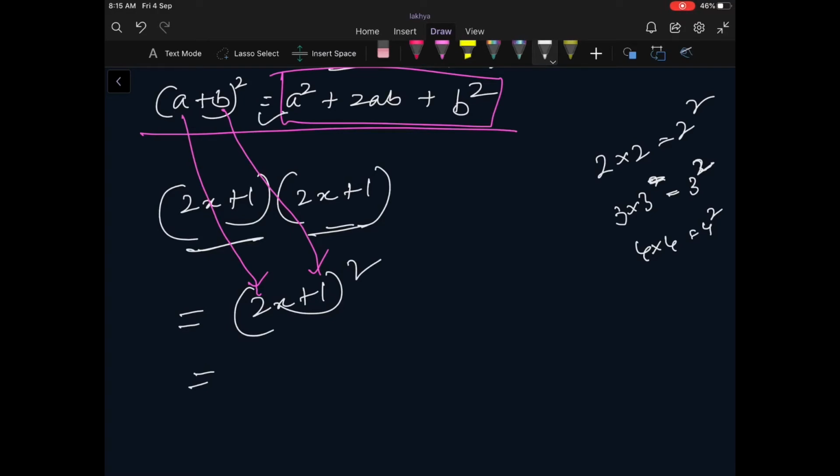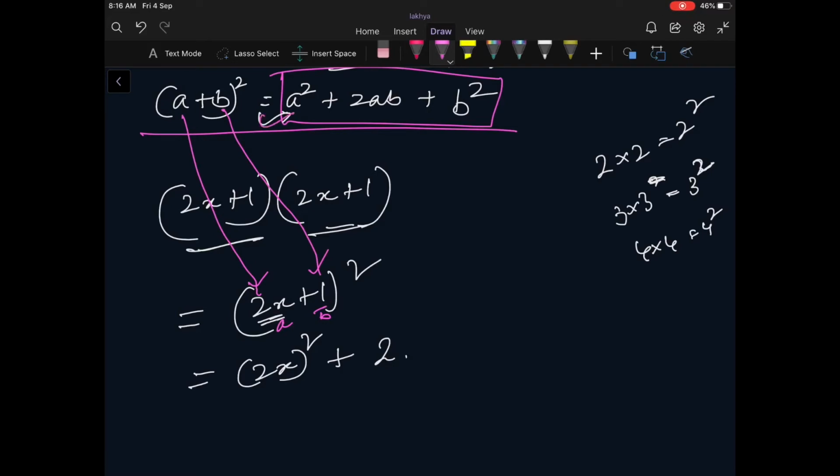you will get a square. Here you see a square, so instead of a there is twice x, so you will get (2x) square, plus twice ab. What is a here? Twice x, isn't it? Here this is a, this is b.